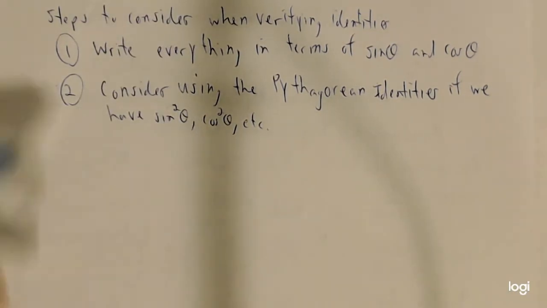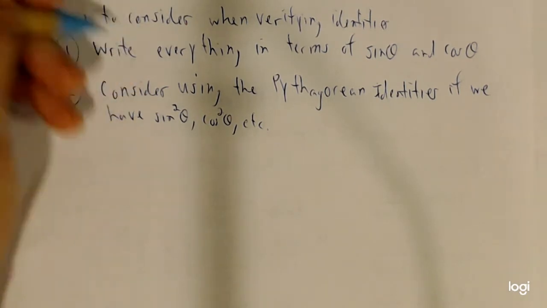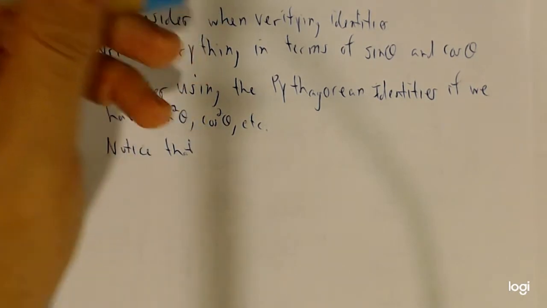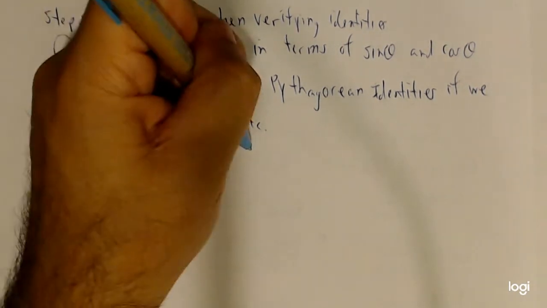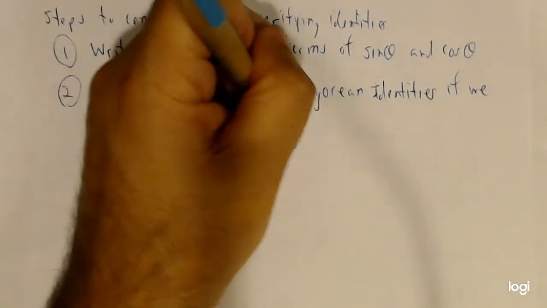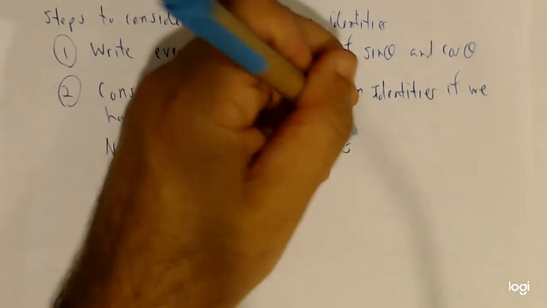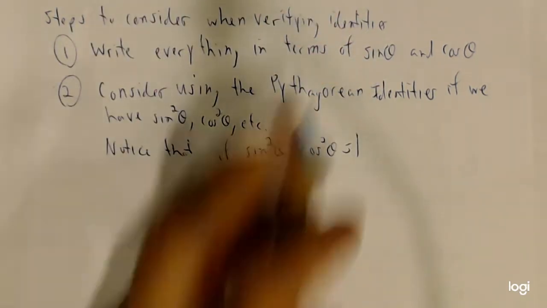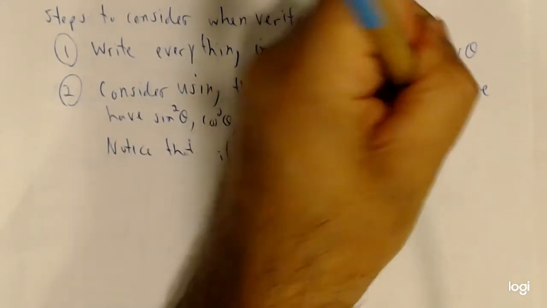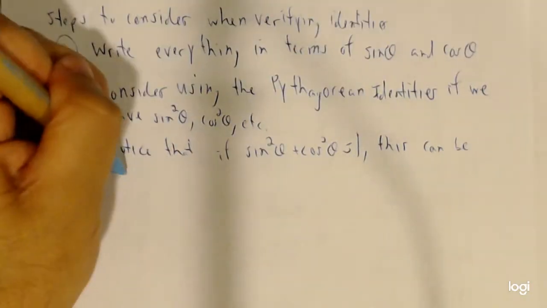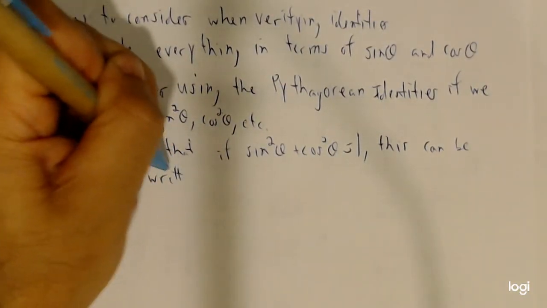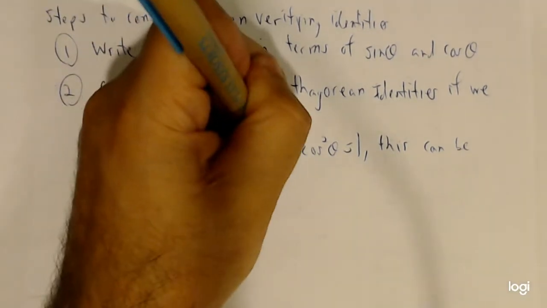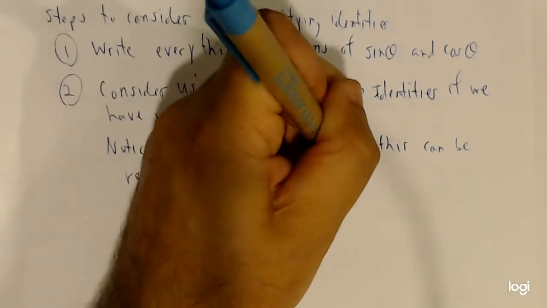The reason being, one comment I want to make is this. If I use the first Pythagorean identity, though this is true for all of them: sine squared theta plus cosine squared theta equals 1, we can rewrite this as sine squared theta is equal to 1 minus cosine squared theta.